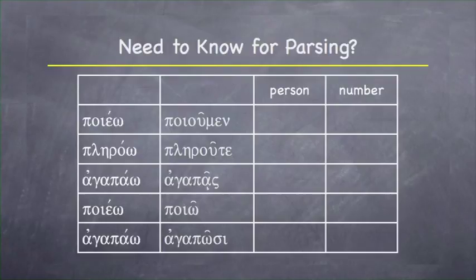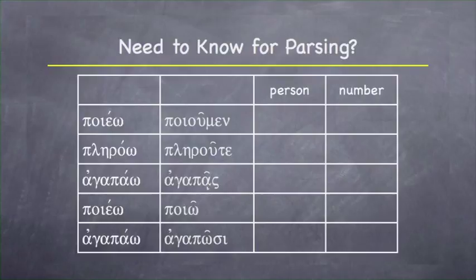You may not know why it's u, but you can still parse it, can't you? If you go to pleirute, you will have learned a lexical form pleirao. You look at the pleirute, you may not know why it's omicron upsilon, but the te tells you it's second person plural, right?